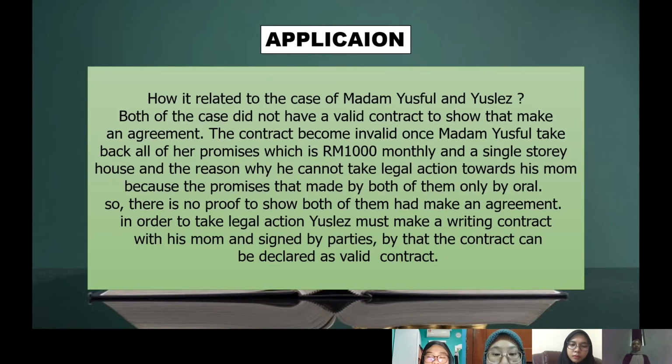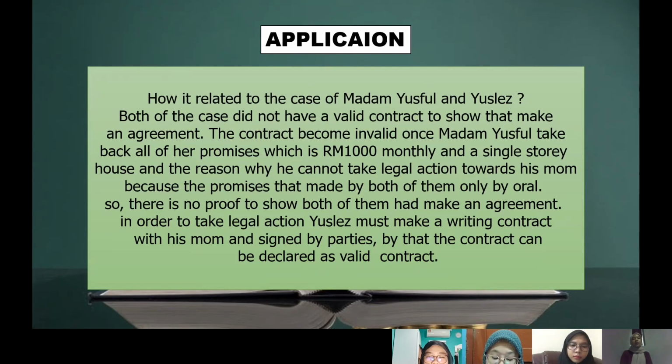For application, how it relates to the case of Madam Useful and Useless is that they did not have a valid contract to show that they made an agreement. The contract became invalid once Madam Useful took back all of her promises, which are 1,000 ringgit monthly as expenses and a single house.